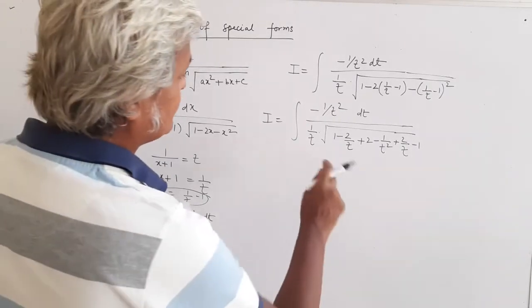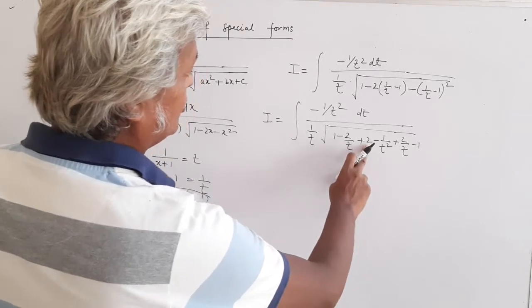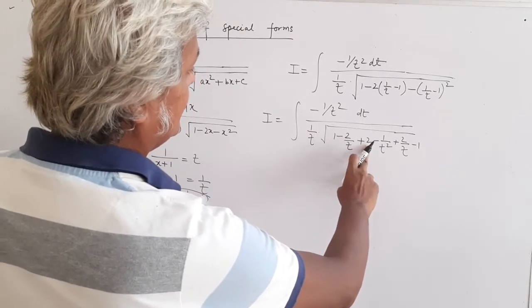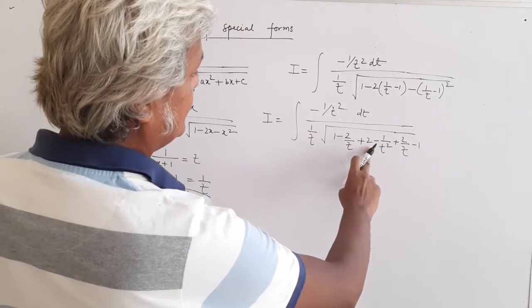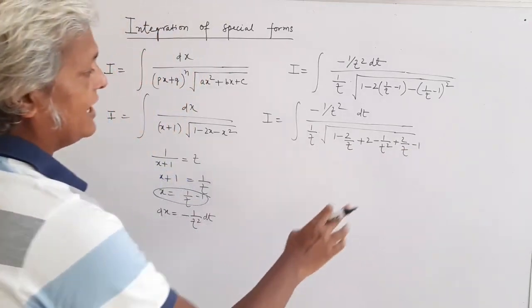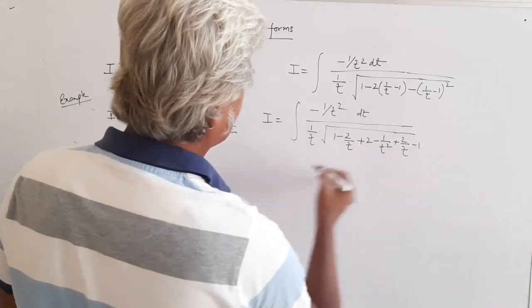Now you see that this 1 is positive, 2 is positive, and this 1 is negative, so 1 and 1 cancel.